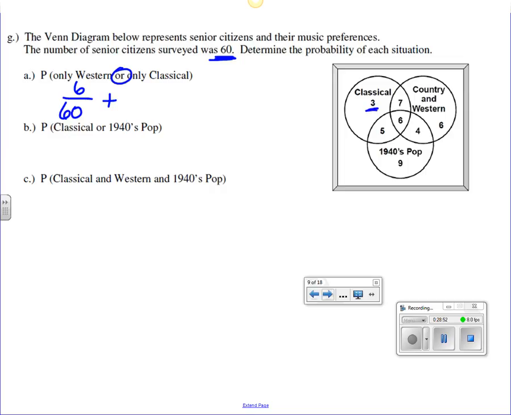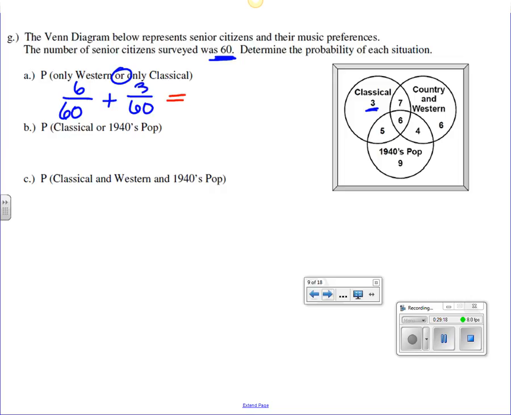Right here. If they're in any of these other things, they like something else too. So like 3 people like only classical. Right, you really have to think here. Is it possible to like only Western and only classical at the same time? No, you can like Western and classical, but not with the word only in there, okay? All right, what do you have for this one?